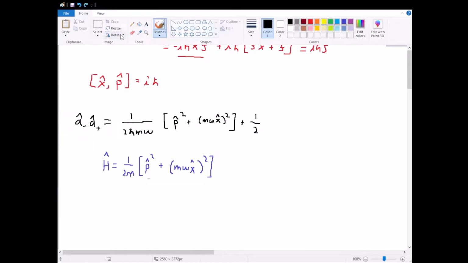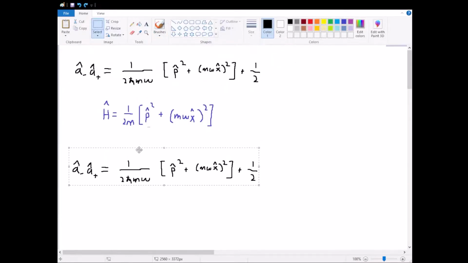So we can rewrite this in terms of the Hamiltonian. The 2m disappears, so we just have h bar times omega at the bottom.